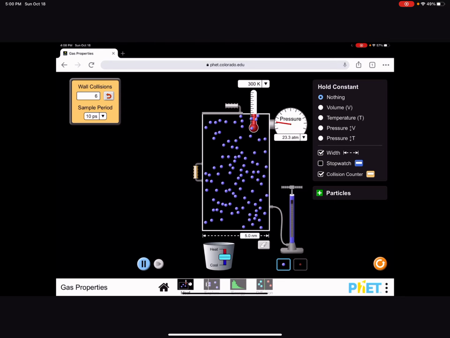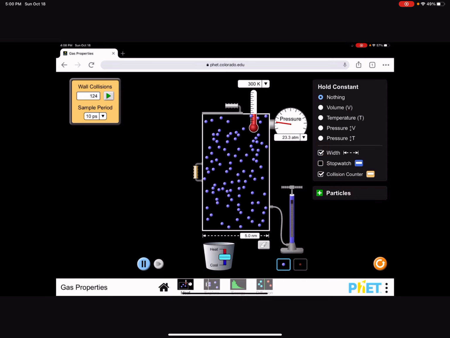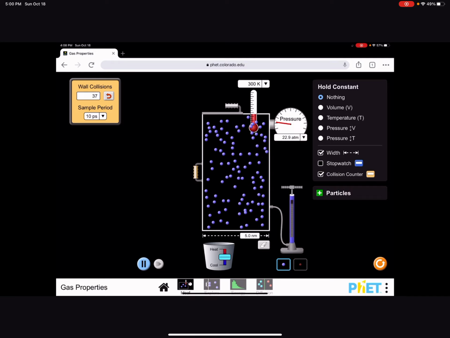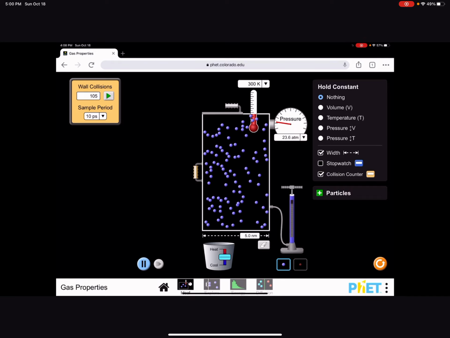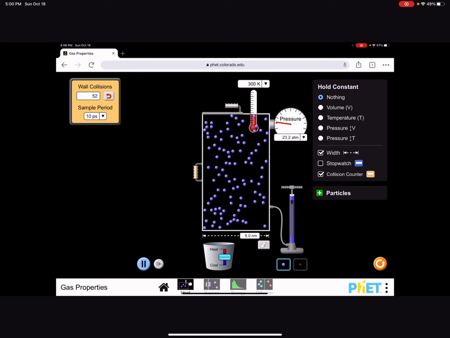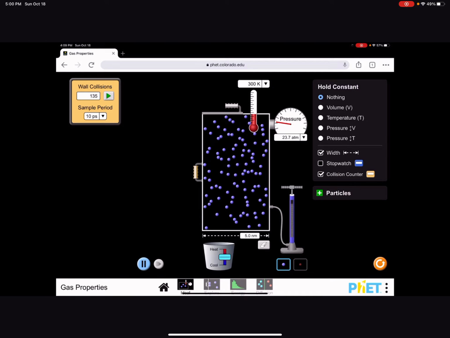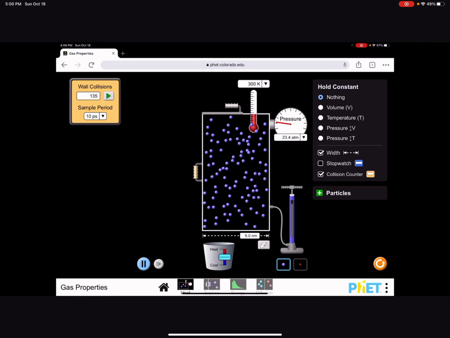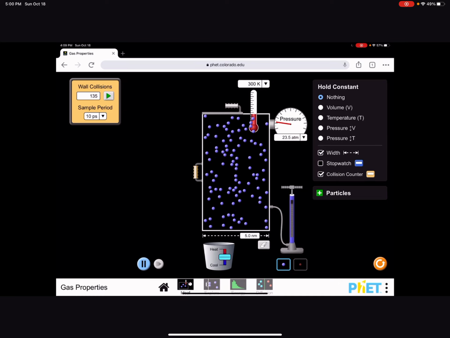So 80 to 90 is what it was. Now 124 collisions, 105 collisions, 135 collisions. So you can see that you have a lot more collisions in the small container and a lot fewer collisions in the very large container.